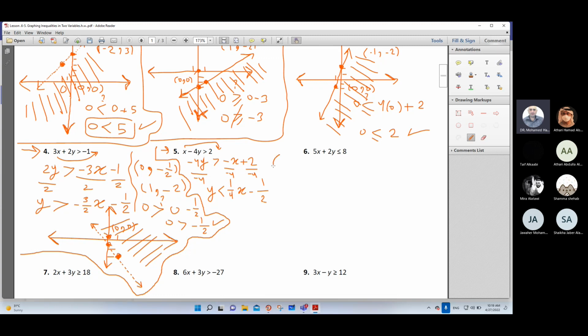Now, you can choose the value for x. For example, if you choose 0, 0 times 1 over 4 is 0. So y will be negative 1 over 2. If you choose x as 4, for example, 4 times 1 over 4 will be 1. 1 minus half will be half.